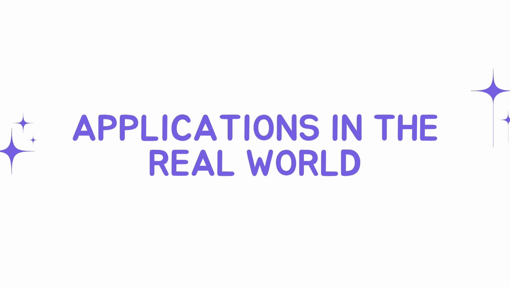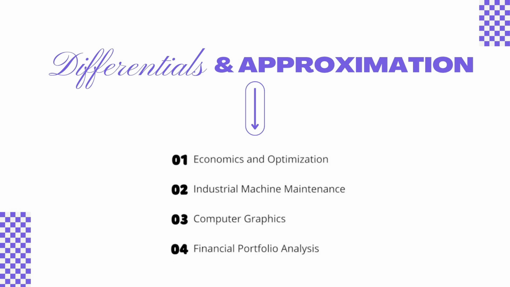What are the applications of differentials and approximations in the real world? The first one is economics and optimization. In economic analysis, differential approximation is often used to optimize mathematical functions that describe consumer, producer, or market behavior.